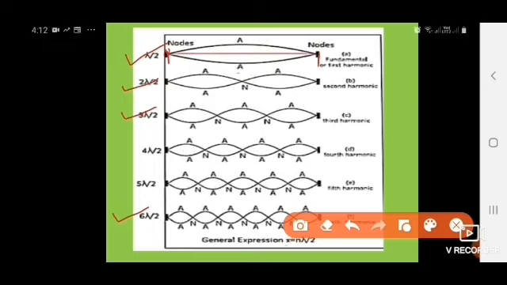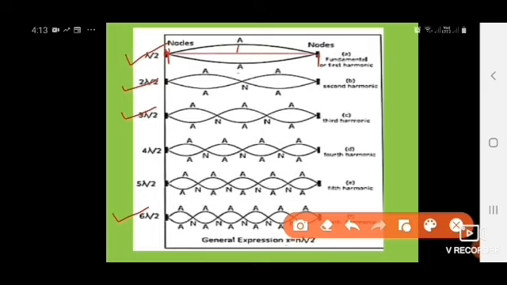Here one antinode is present between two nodes, and length L is equal to lambda by 2, because we know that two nodes are always at a distance of lambda by 2, and here there is one loop.